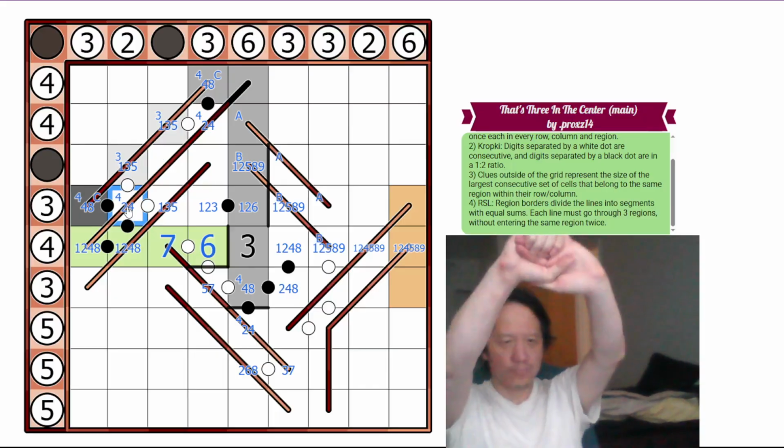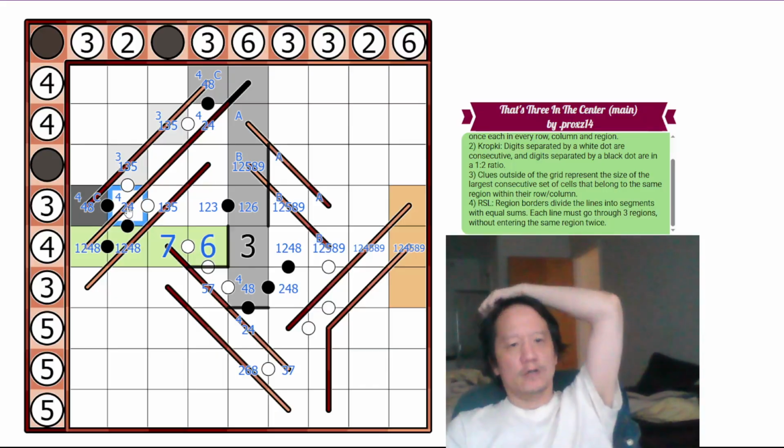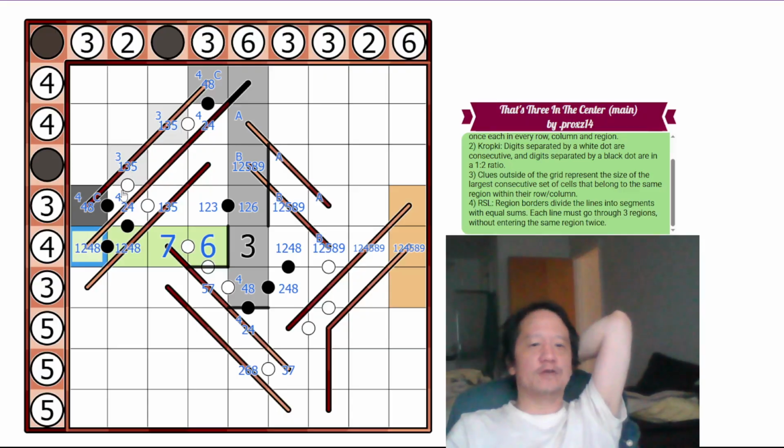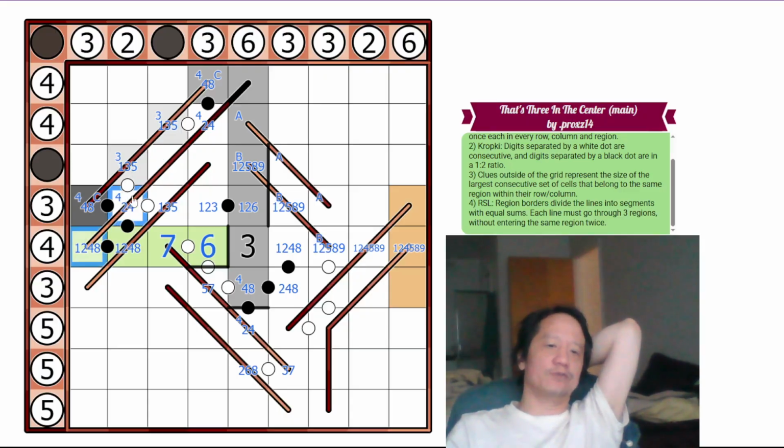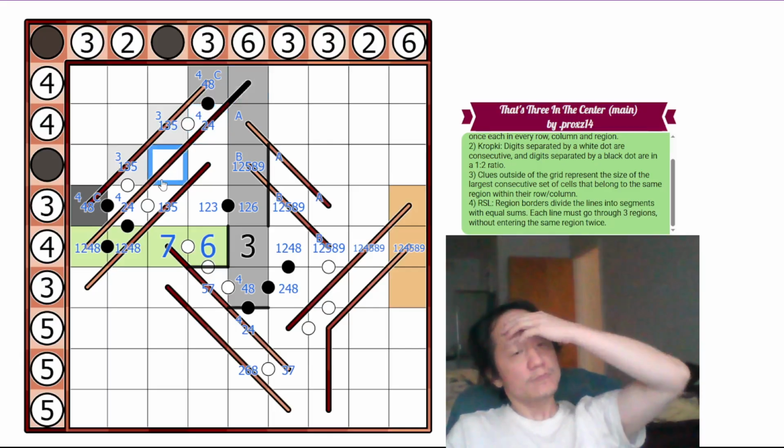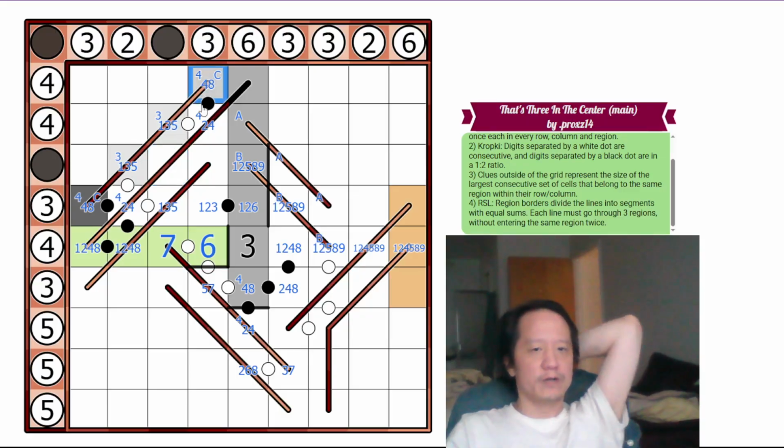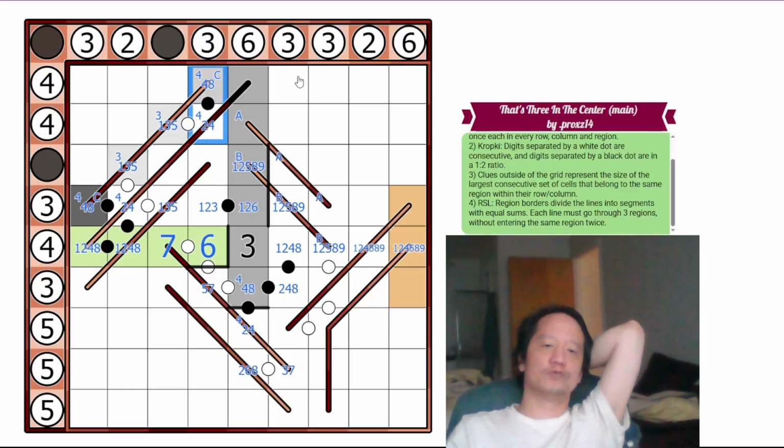Okay. Right. If they're the same digit, they have to be separate regions. So I guess I'm trying to figure out what happens if these are the same. Obviously, gray could be the same here, which would mean this is a 4 set by itself.